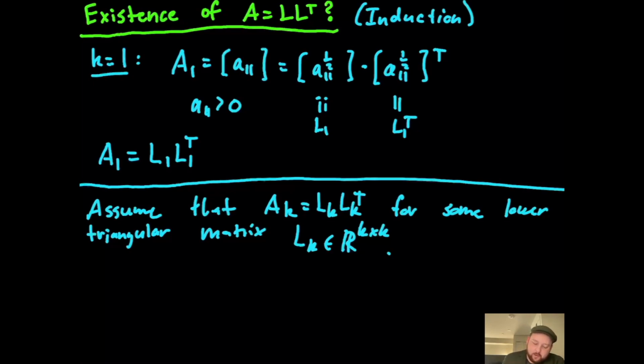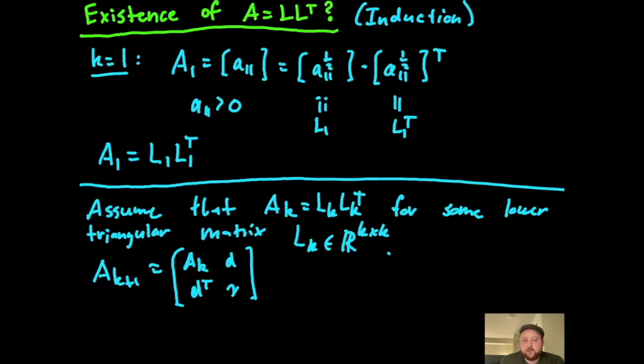First, let me write down our goal. We're going to take AK plus 1, and I'm just going to note that we can write this in block form, as AK in the upper left block, just by definition of these leading principal submatrices. And then you're going to have D transpose and gamma. What are these D's and gammas? I'm just using this as generic notation for whenever I enlarge AK by one row and one column.